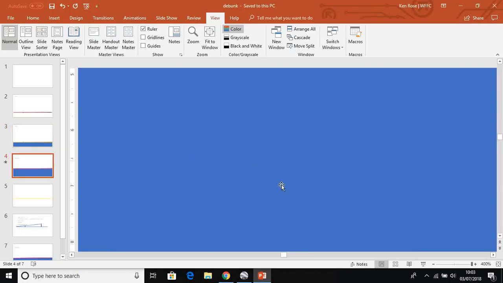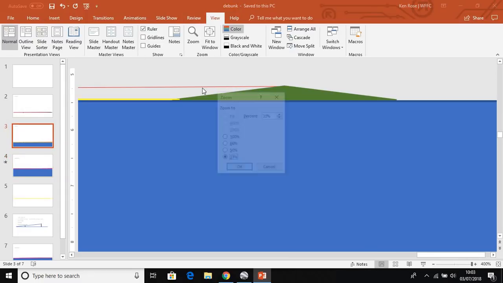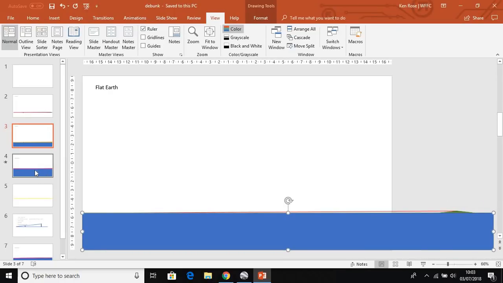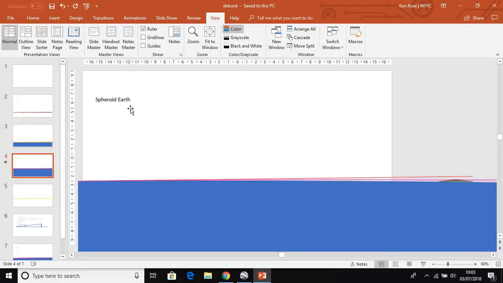The curved Earth version, I need to zoom back out again. The spheroid Earth version looks like this. So we've used exactly the same size of island.